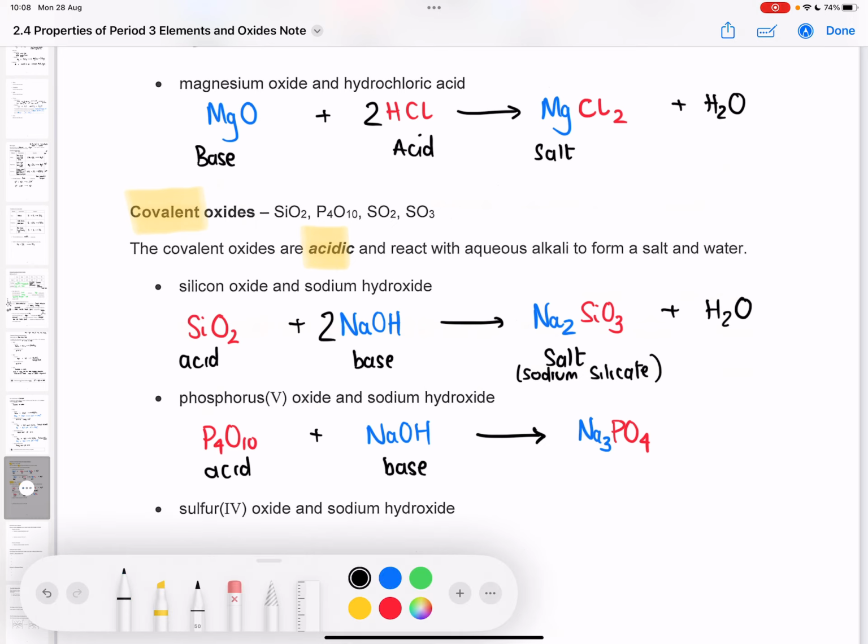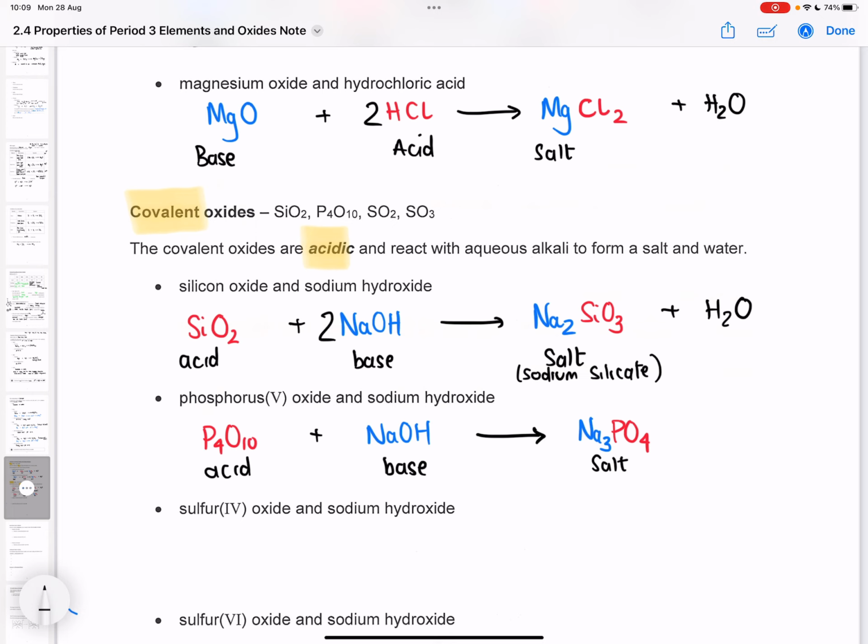That's going to be our salt, and then we're going to add water, and this salt is going to be called sodium phosphate. And then we balance our equations. Now, phosphorus equations are always big number balancing because of the P4. So we're going to end up putting a 4 in front of the sodium phosphate, which means we need 12 sodium hydroxides, which means we need 6 waters.